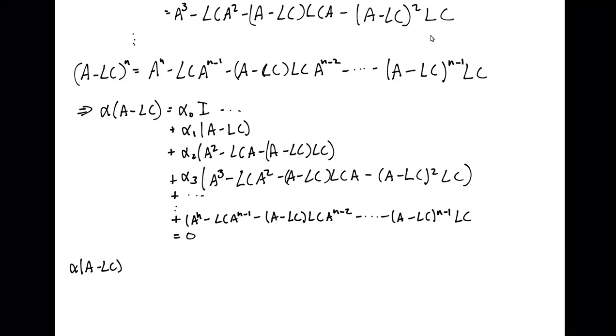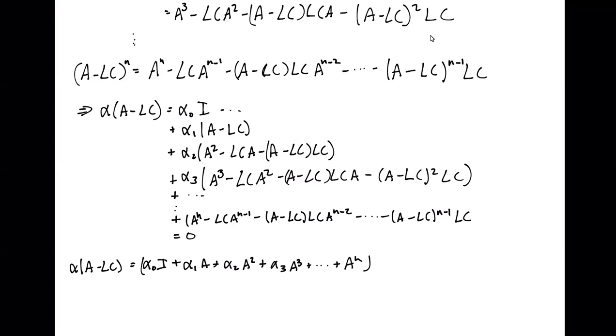And if we look at this, we come back here and we get alpha naught times I, alpha 1 times A, alpha 2 times A squared, alpha 3 times A cubed, and A to the n. So let's pull that out. So we get alpha naught plus alpha 1 A plus alpha 2 A squared plus alpha 3 A cubed plus alpha n A to the n.